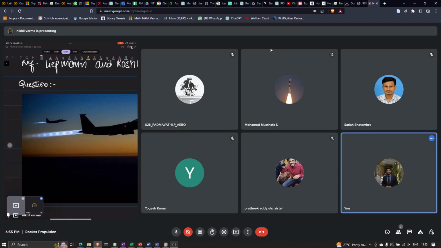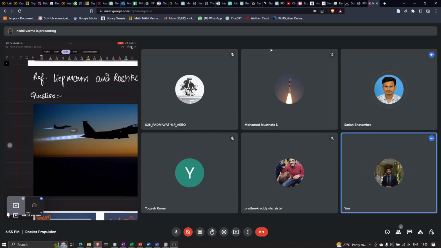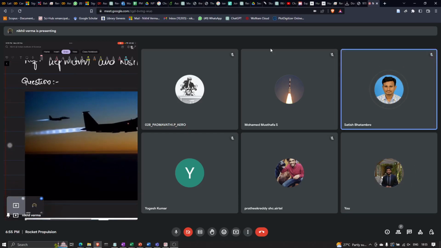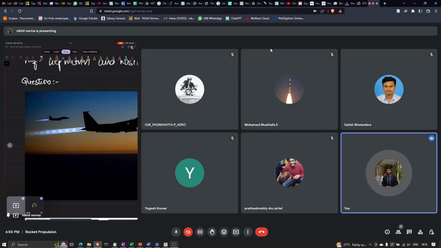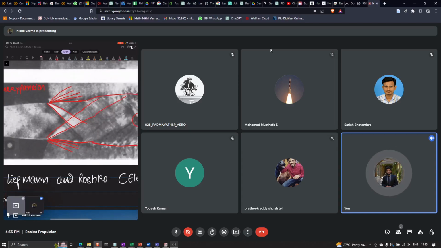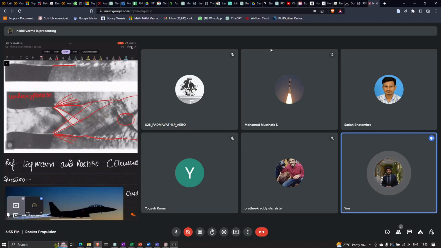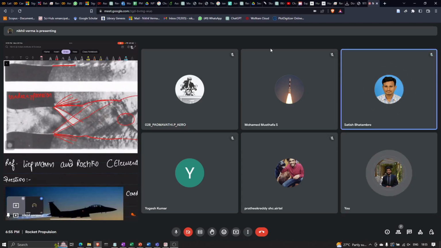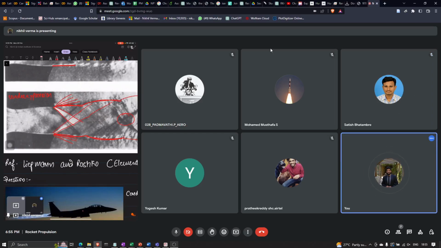Can you tell? So probably it is an underexpanded flow because, as you can see, in an underexpanded flow you have a shock system something like this, right?